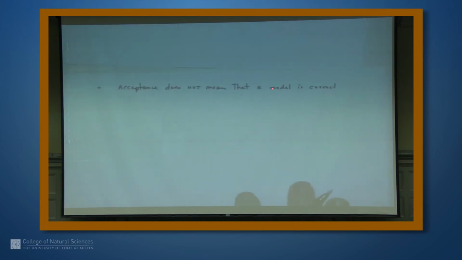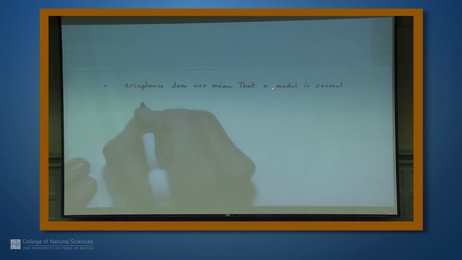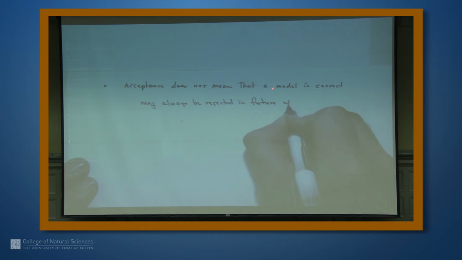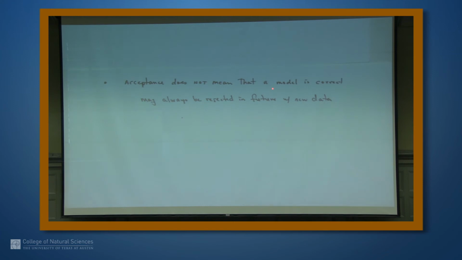So the model may always be rejected in the future when we get more data. So we just accept that. That's the way it is.